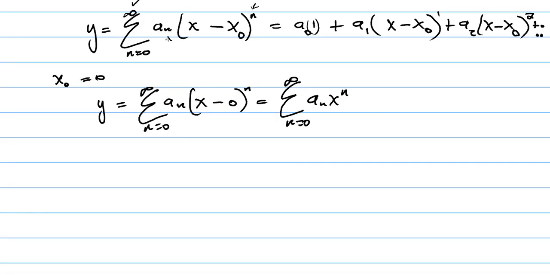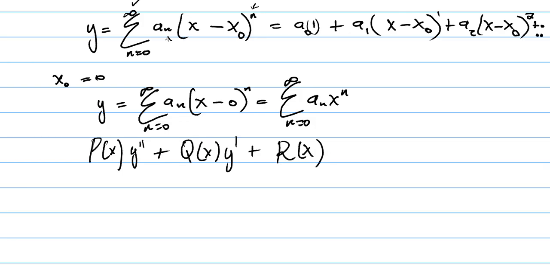So we have this special equation: p of x times y double prime, plus q of x times y prime, plus r of x times y, is equal to 0. We're dealing with second order, so we have a double prime. This ODE is second order.